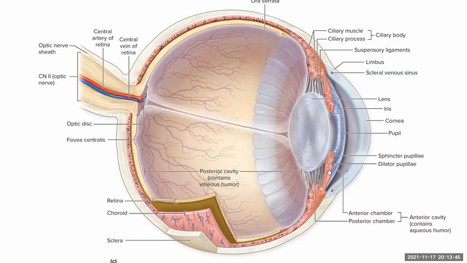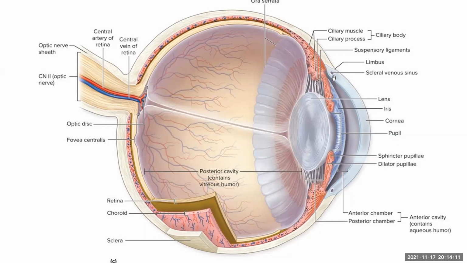The dilator pupillae muscle is located over here, and I'll show you a much better picture. It's hard to really get a good grasp on this looking at it from this view. But the dilator pupillae muscle is going to be innervated by the sympathetic nervous system, and that's going to make the diameter of the pupil larger. I think that's it. Oh, and then finally, the scleral venous sinus, this little hole here.